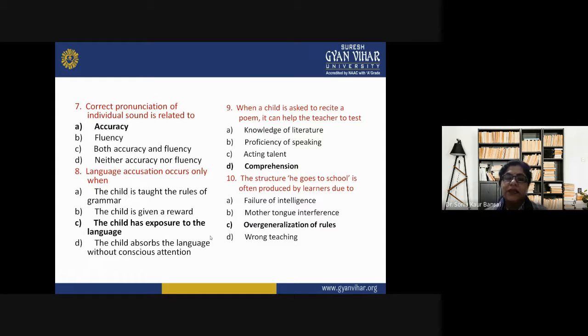Now the 10th question is related to structure. 'He goes to school' is often produced by learners due to failure of intelligence, mother tongue interference, overgeneralization of rules, or wrong teaching. Students, it is due to overgeneralization of rules. Whatever rules the child has learned, he is all the time overgeneralizing, which is also not good.